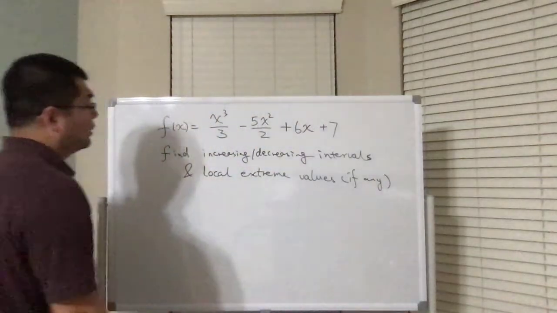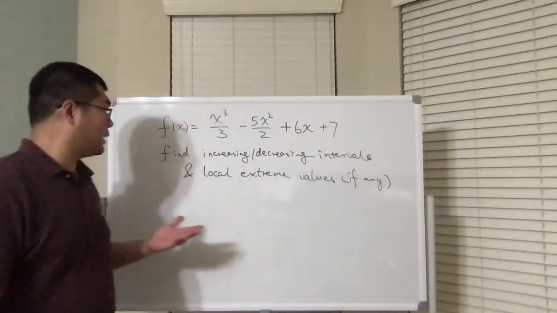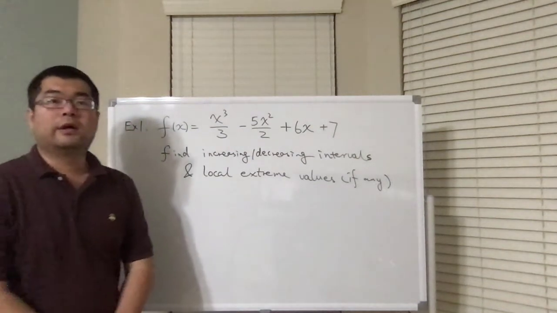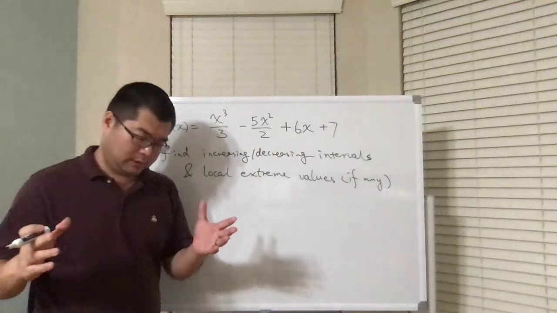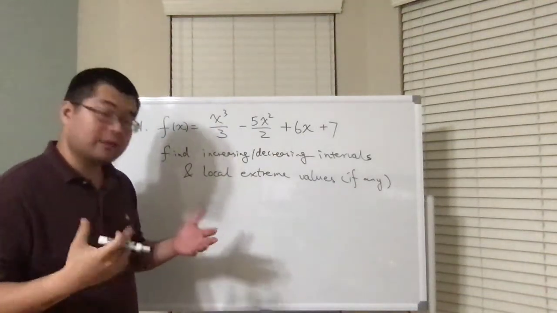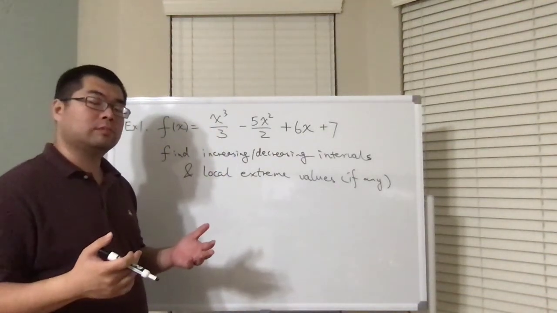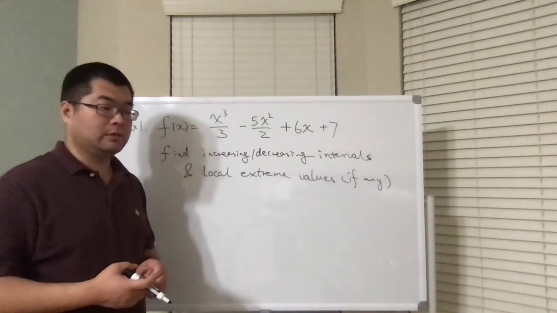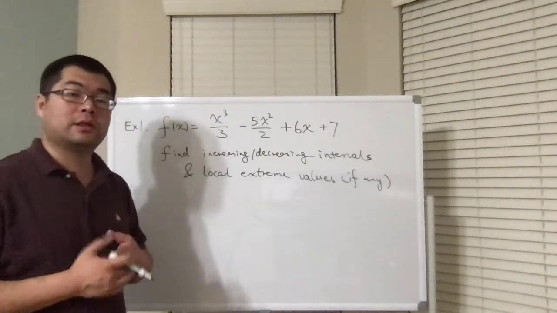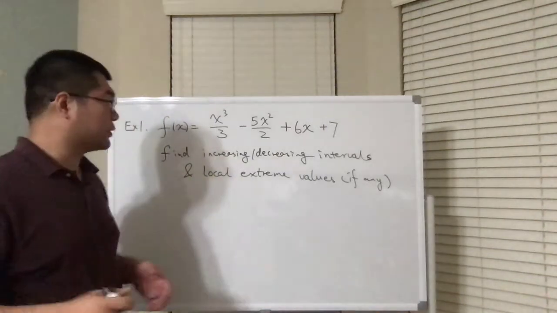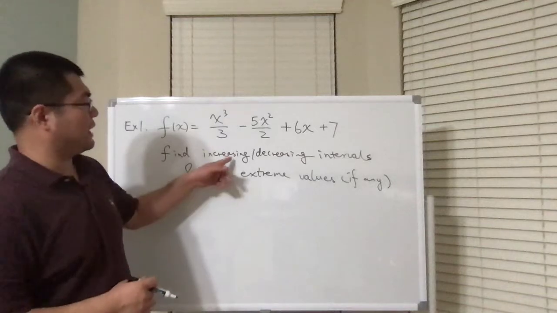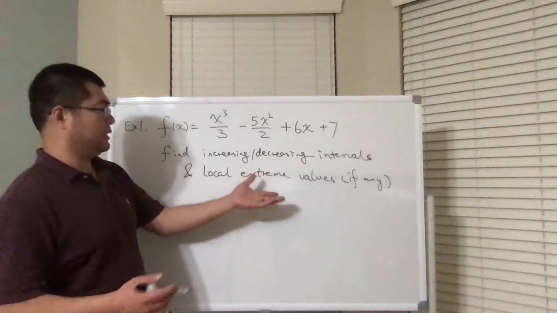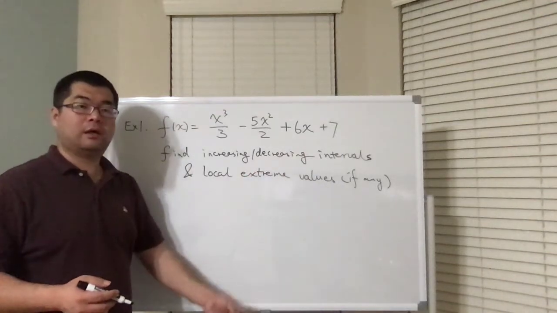Let's call this example 1. If the problem doesn't specify the interval, and the function is a polynomial, then by default the domain is all real numbers. So that's the playground, all real numbers. And the problem has two tasks: the increasing and decreasing intervals, and also the local extreme values, if any.